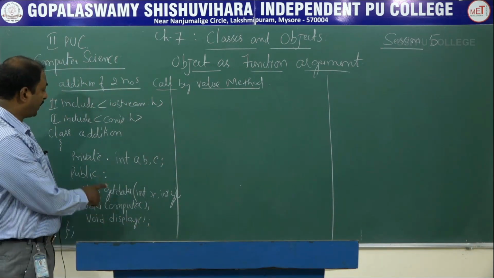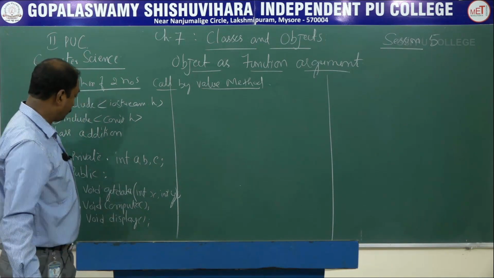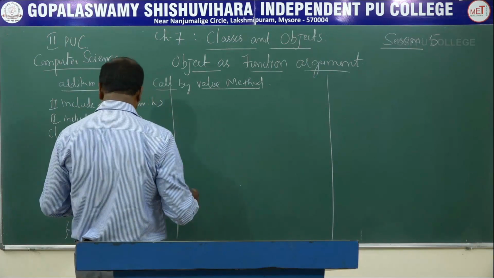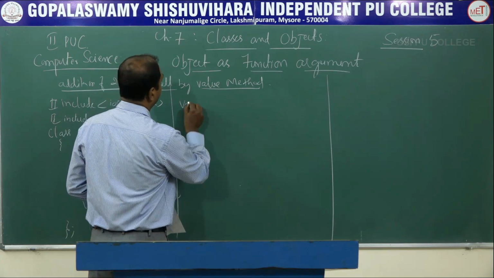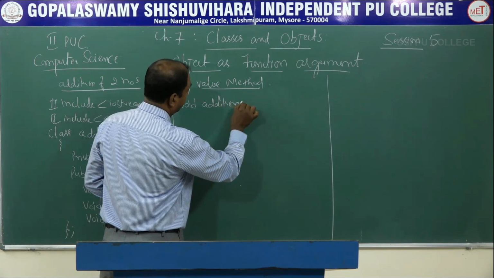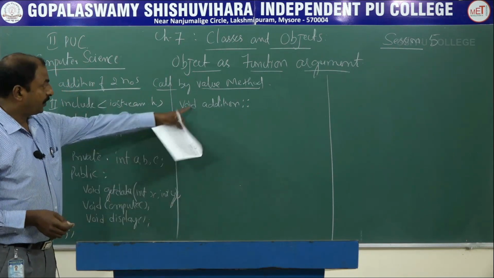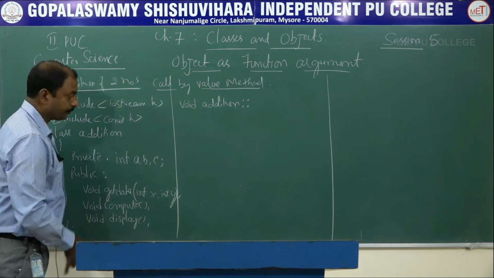As you know, we have to write the function definitions of these functions. We'll start with void addition, the name of the class, and this is also an example of a function definition outside a class.